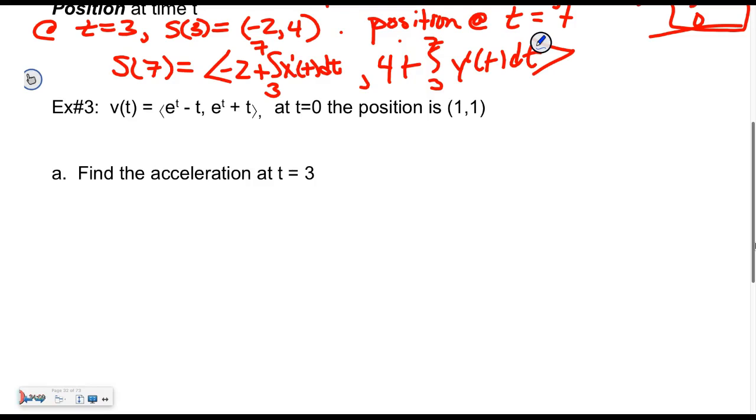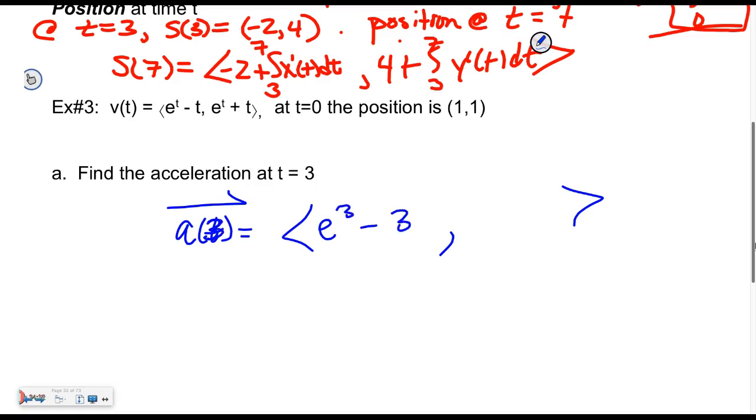Pop up a hand when you have it. Should be 2 components. I'll write them down. A of t, let's just do A of 3 equals blah, blah. What was component number 1? Let's do it at 3 though. So e to the third minus 3, e to the third plus 3, right? Now we'll talk about calculator active.